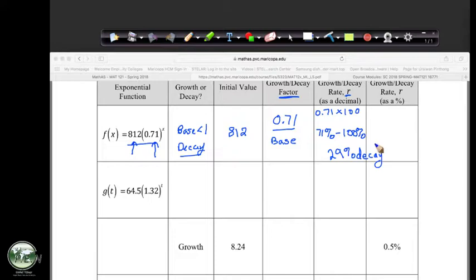Well, I do this part first, I guess. I get the 29%. And then all I've got to remember is to turn it back into a decimal, right? Divide by 100. It's going to be 0.29. So I put 0.29.